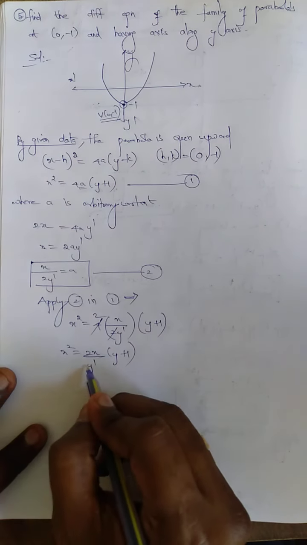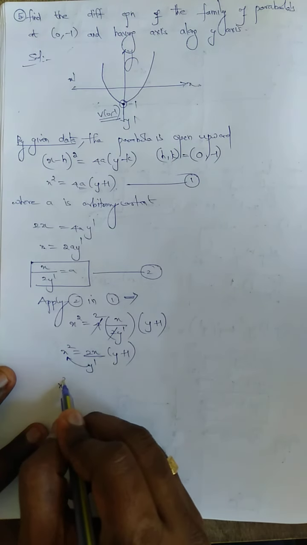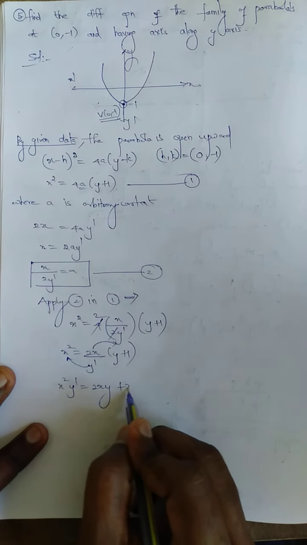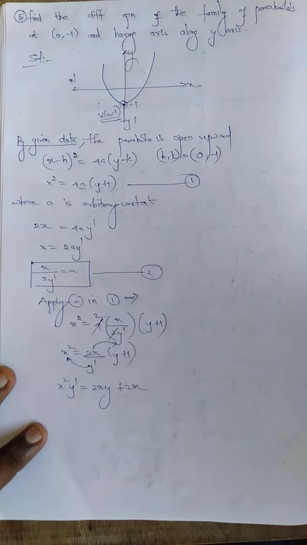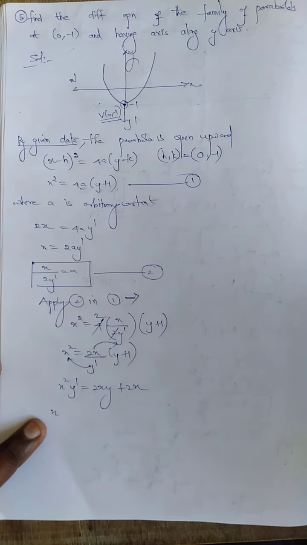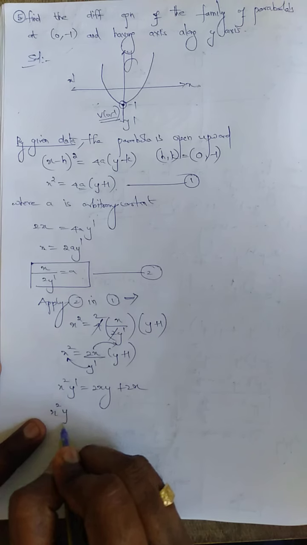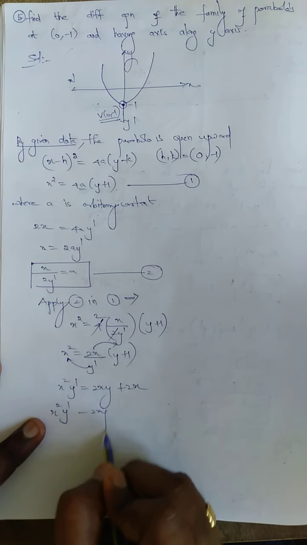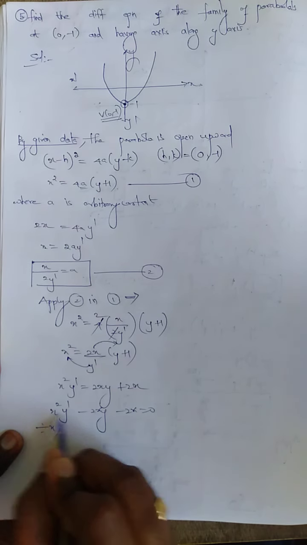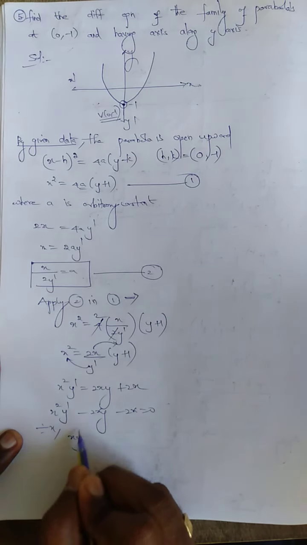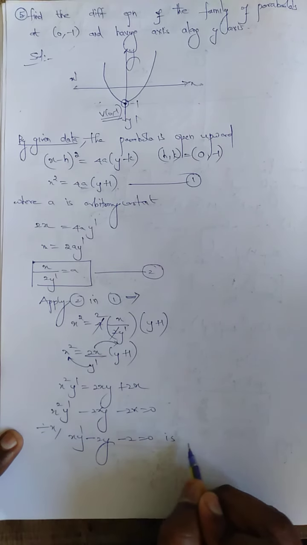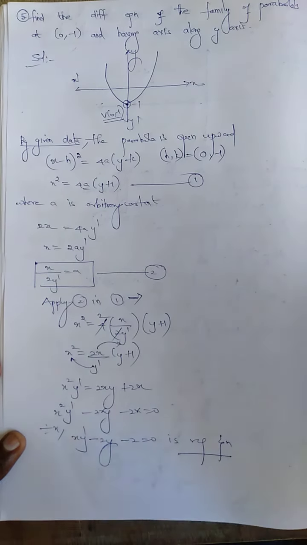Moving y dash over, x square y dash equals 2xy plus 2x, so x square y dash minus 2xy minus 2x is 0. Since x is common, divide by x: x y dash minus 2y minus 2 equals 0 is the required equation.